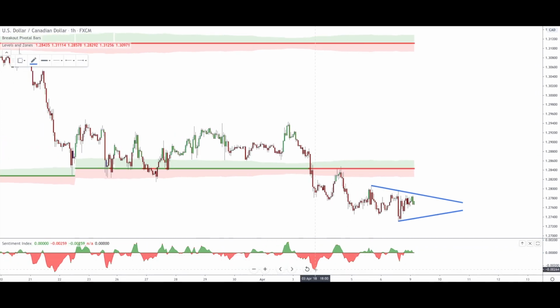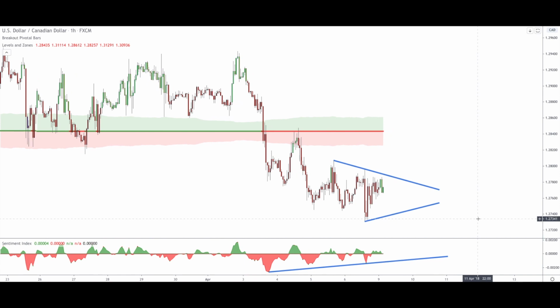And then also on the sentiment index, we can draw a trend line here which looks like this. So what this means is that the bearish sentiment index is getting compressed towards the zero line. So at a certain point here in the coming candles, so maybe today or maybe tomorrow, we can have two different situations.